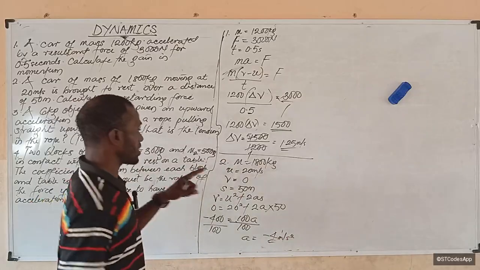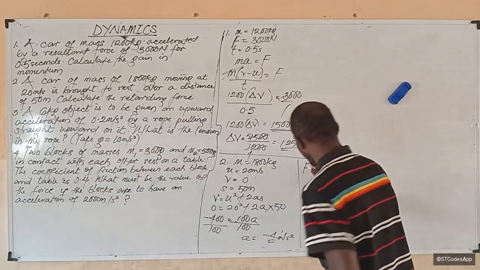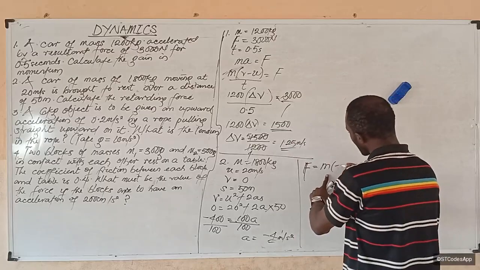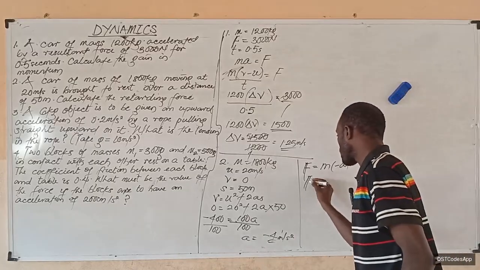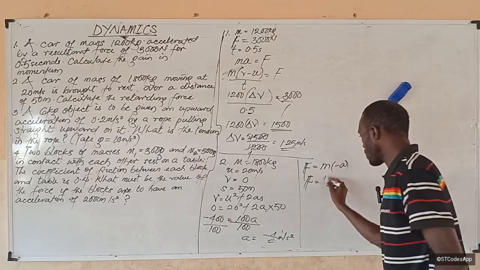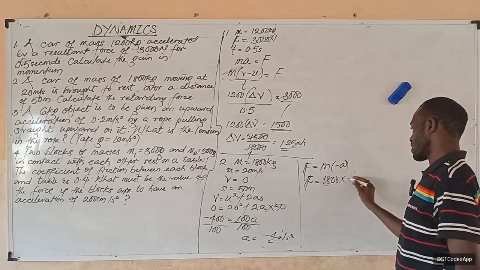But we are asked to calculate the retarding force. So we are saying that the force that acts upon it causes it to experience mass times negative acceleration. Make sense? So if that's the case, F becomes mass, which is 1,800, times negative 4.